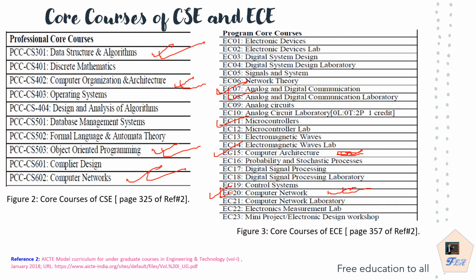So now, if we take further a deeper look, we find that in CSE curriculum, there are only 4 subjects which are exclusively CSE branch. So that you will find as operating system, then algorithms, then automata, and compiler design.